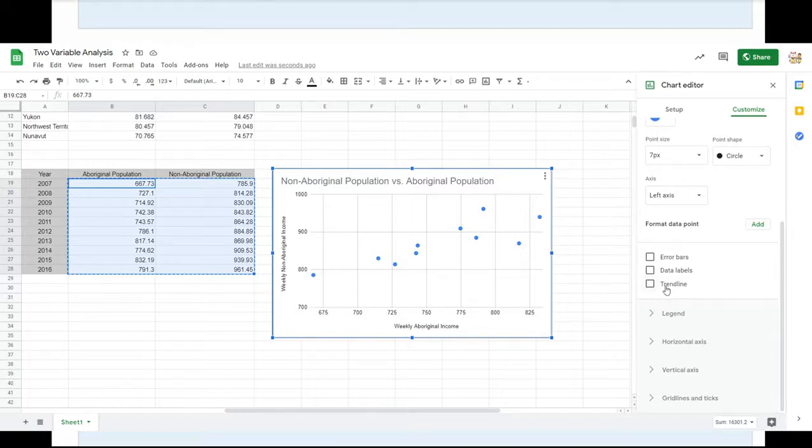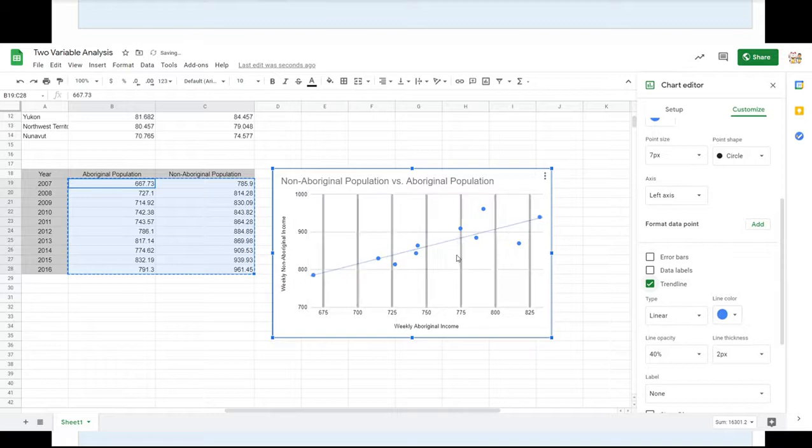In any form of technology that you use, whether it's this, GeoGebra, or Excel, there should be an option to add a trend line or a line of best fit. So I'm going to click on that, and I can see right away it creates a trend line. This line of best fit is going to be the model of our data.